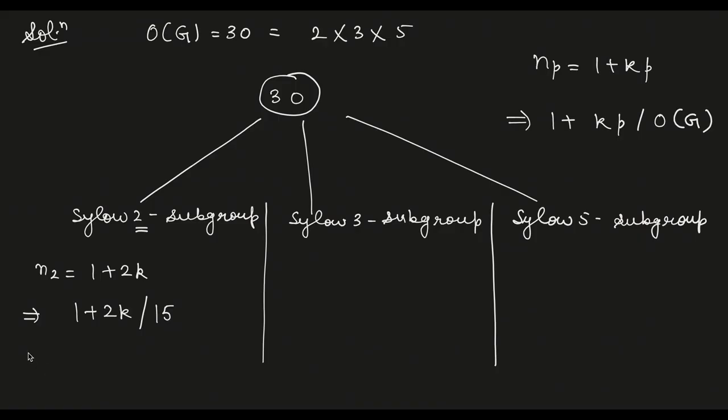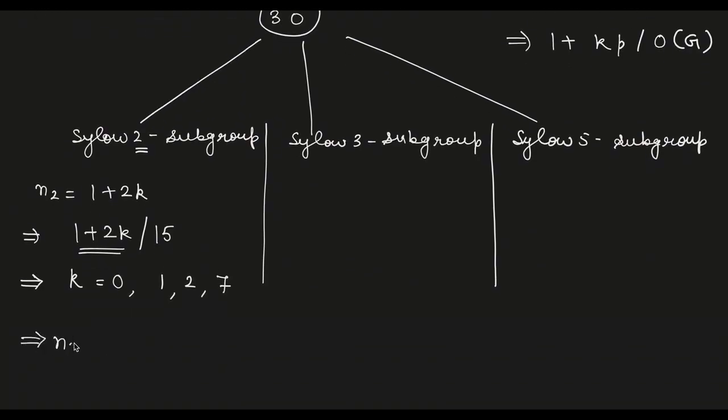Yes, ma'am. Okay. So what will be the values of k? k will be 1 and 7. 0 is also possible, no? Yes, 0 is also possible. 0, 1, 2 and 7. So this means that n2 can be 1, 3, 5 or 15. Similarly, n3 is equal to 1 plus 3k. This means that 1 plus 3k divides 10.